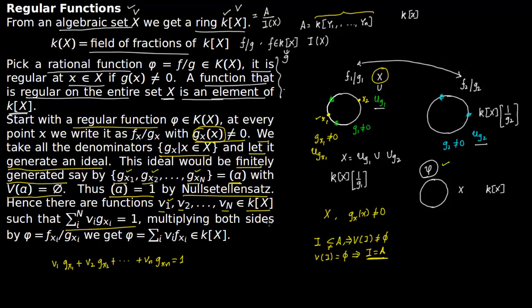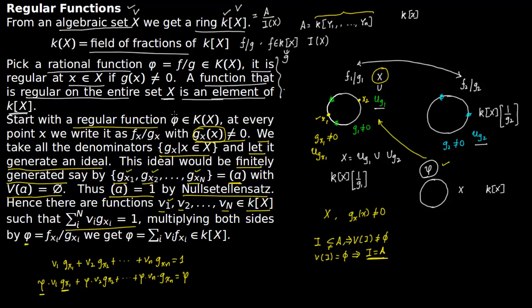Now you multiply both sides by this function phi. When you multiply, phi times v1 times gx1 plus phi times v2 times gx2 all the way to phi times vn times gxn is equal to phi. But now you have to think about it locally. What is this phi on gx1? Globally it looks like this, but on this open set here, it takes the form f1 by g1.